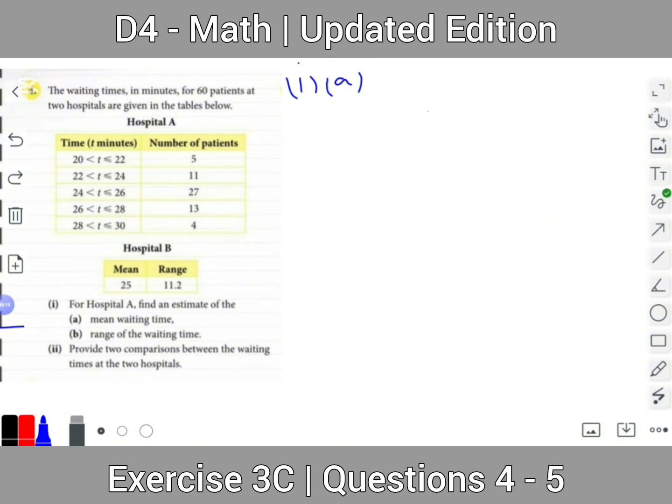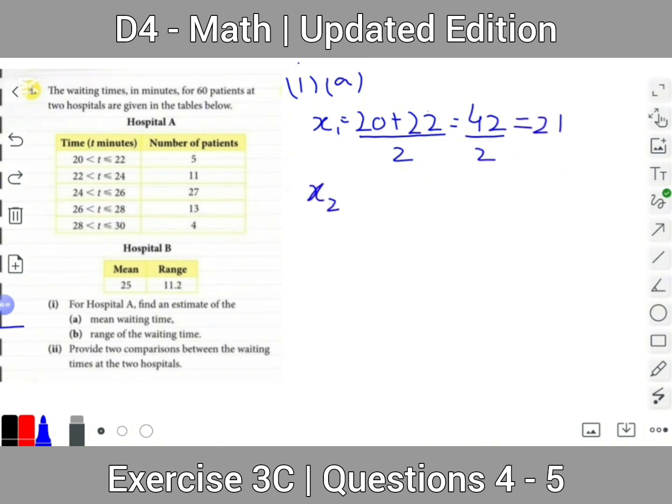So here we have to find out the mid values of the class intervals. First we will find the midpoint of the first class interval, and that is 20 plus 22 divided by 2. So we have 42 divided by 2, and it will be equal to 21.